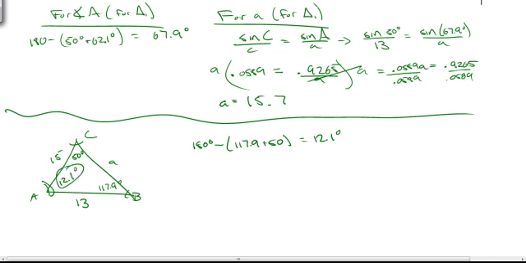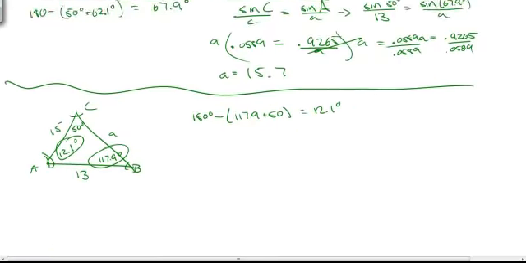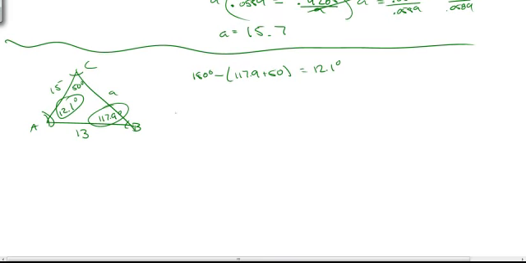I'm circling these things because that's a cue to myself that this is something I've solved for versus something that was given to me. So if I need to fill it back into a table like I did up here, I could just find it again real easy. All right, so that was our angle A for triangle 2.